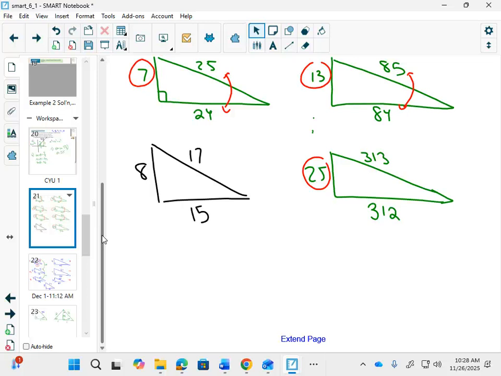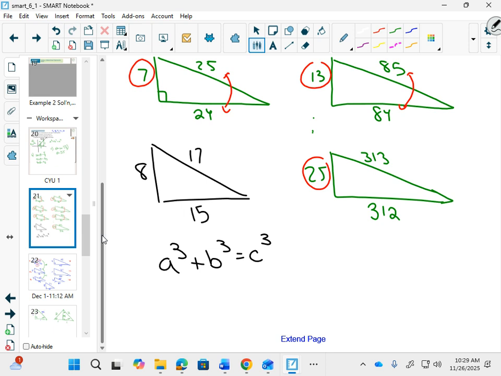And Fermat, a mathematician, said, interesting that there are numbers that a squared plus b squared equals c squared that work out nicely. Unfortunately, there are no nice numbers for a cubed plus b cubed equals c cubed. In fact, if we do anything bigger than or equal to 3, there are no nice numbers.